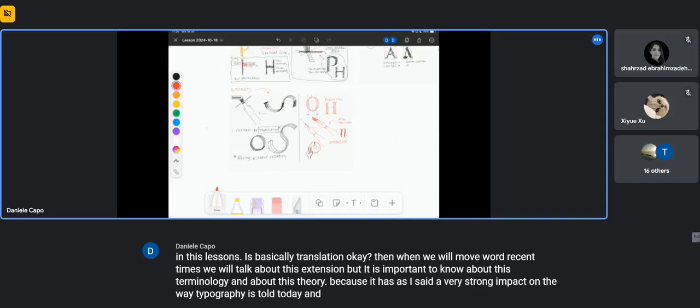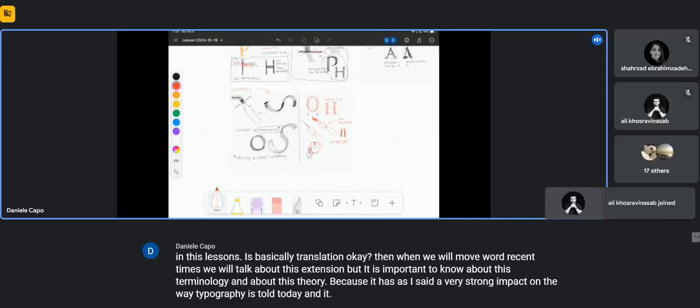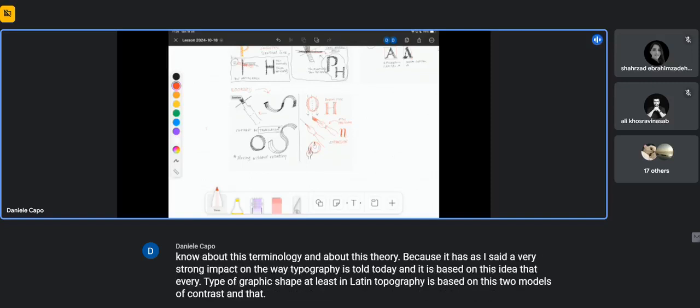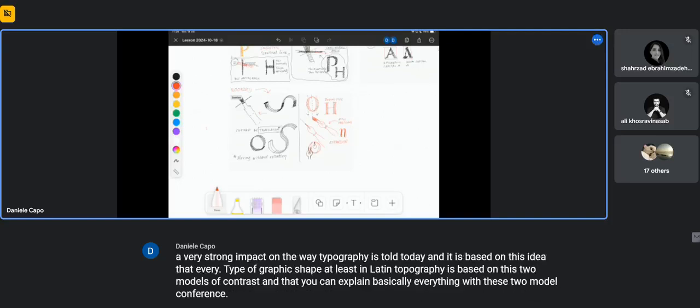And it is based on this idea that every typographic shape, at least in Latin typography, is based on these two models of contrast, and that you can explain basically everything with these two models of contrast.